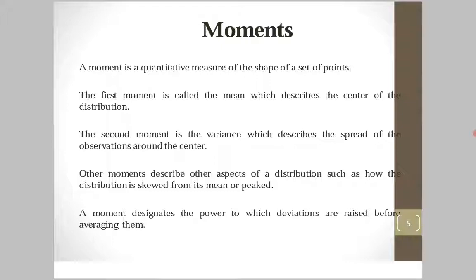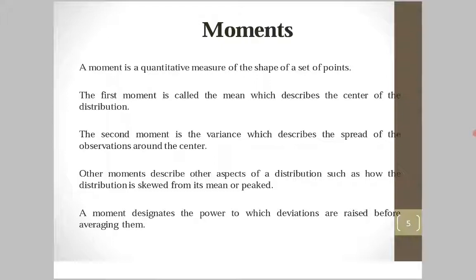The second one is variance. The second moment is called variance. So the first moment is the mean, and the second moment is called variance, which describes the spread of the observations around the center.